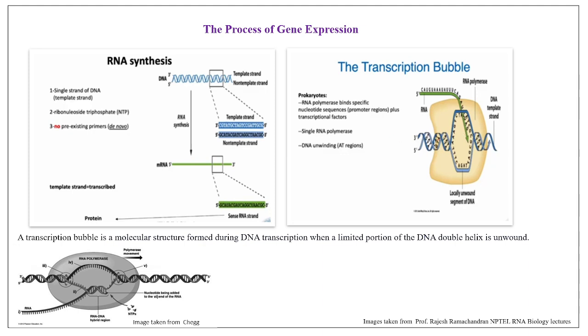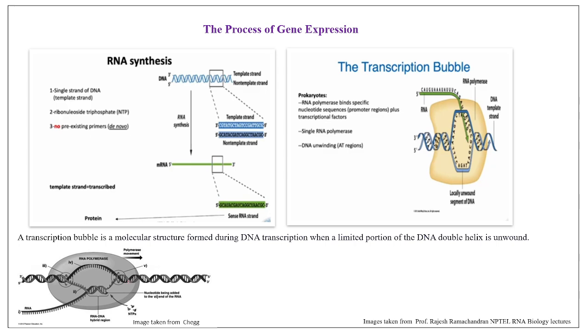But in the case of transcription, the double helix is not completely denatured. Instead, it gets sequentially unwound, and as it unwinds, one of the strands gets involved in the transcription process. When that portion of DNA is transcribed, the bubble moves further.